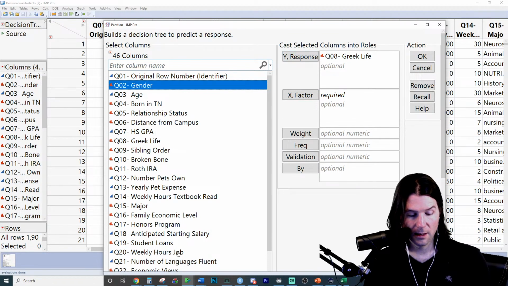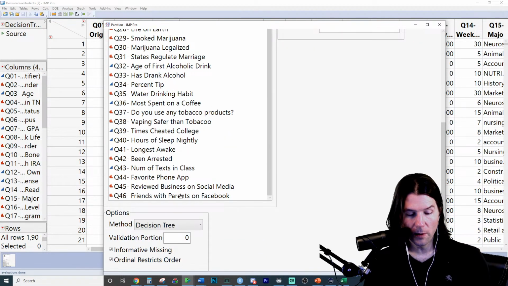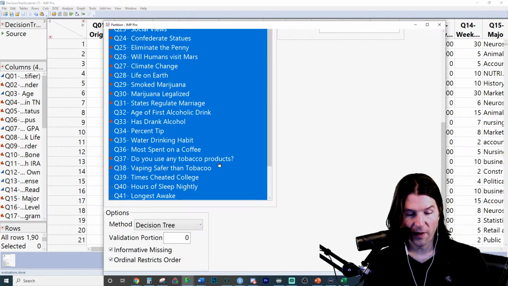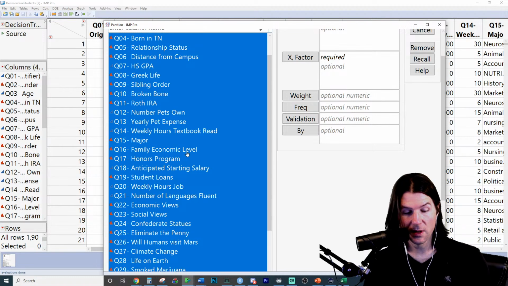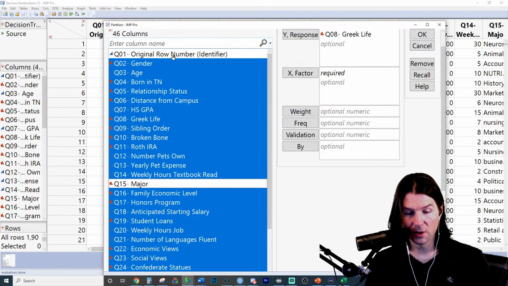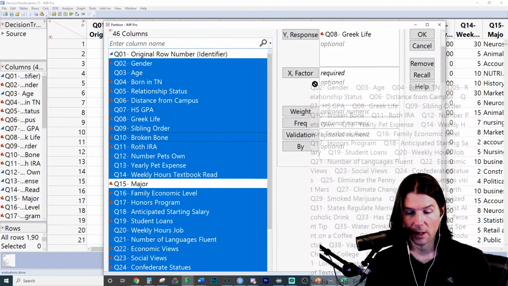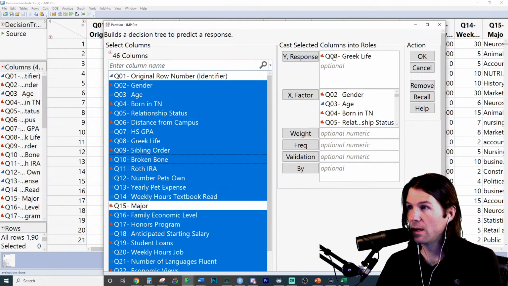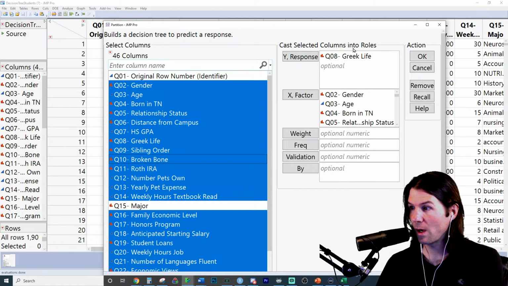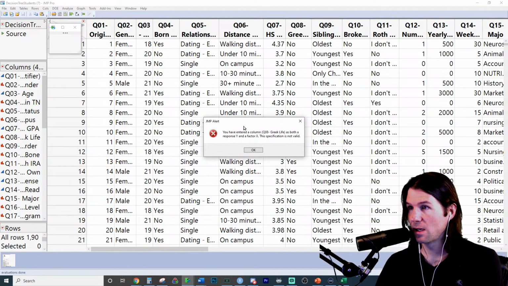Now let's put in a bunch of variables. We don't want to include things with lots of levels like favorite phone app. This is where we remove the identifier variables: favorite phone app, major, and original row number. I put all my X variables right here. Decision trees can do categorical Ys, categorical X's, quantitative Ys, quantitative X's.